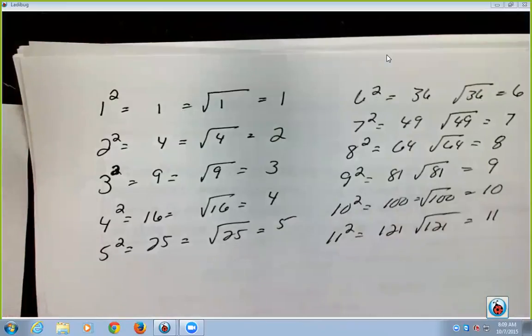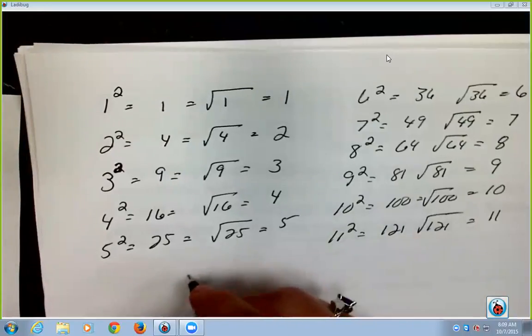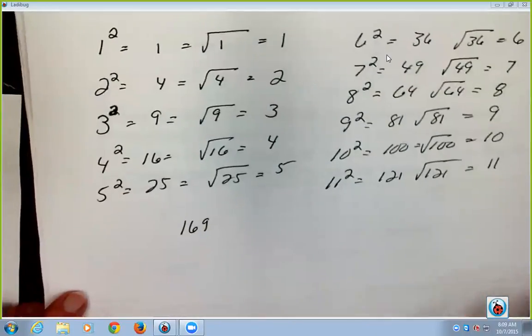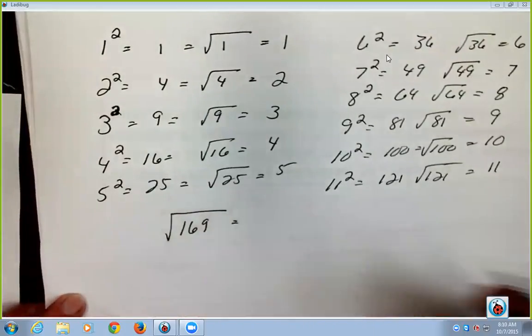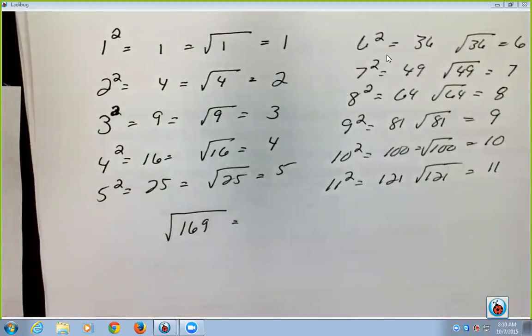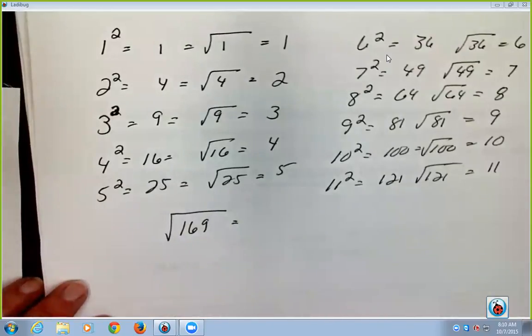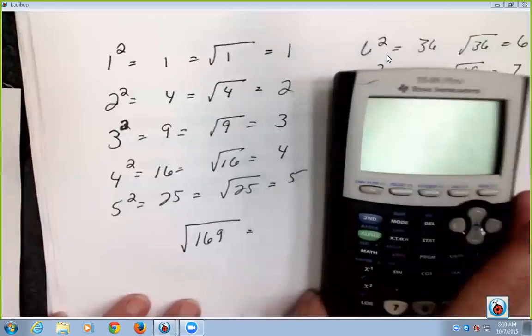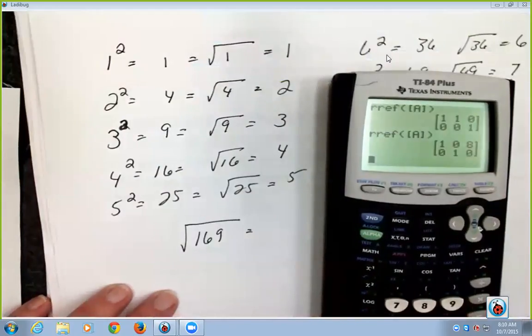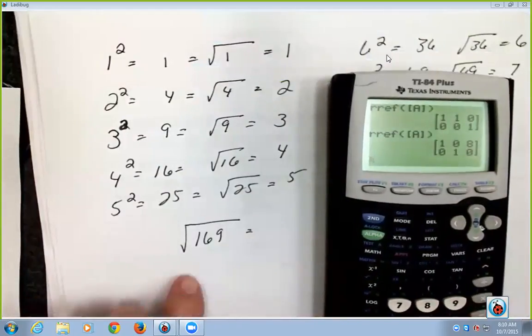If you have a calculator, you can find out whether something is a perfect square. So if you had 169 and take the square root of it, is that a perfect square? I don't know. On your calculator, is that showing up?